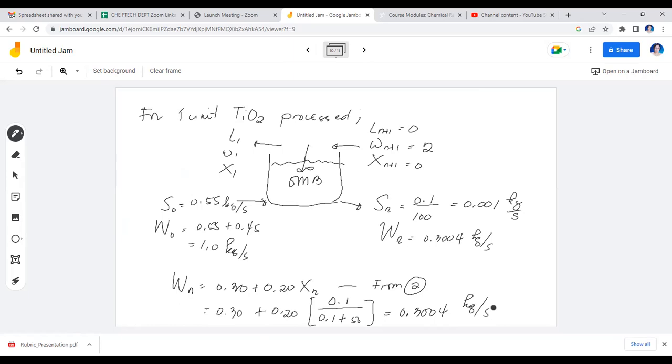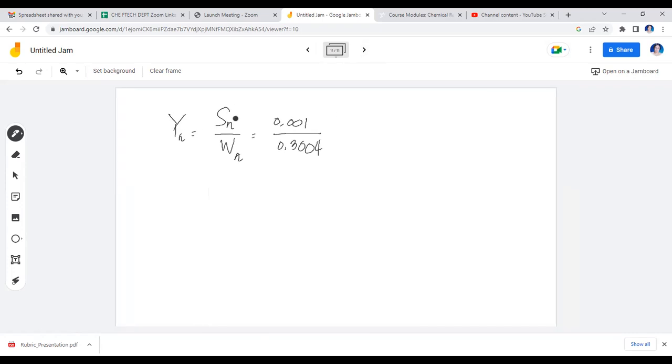This is the total solution leaving your end thickener. So the solute that it contains over the total solution will be 0.003329. Okay?